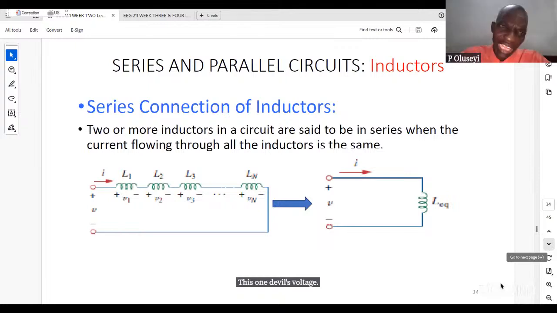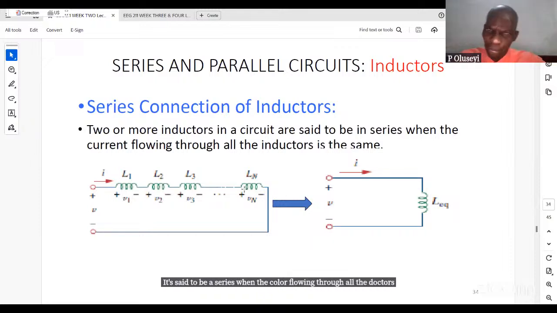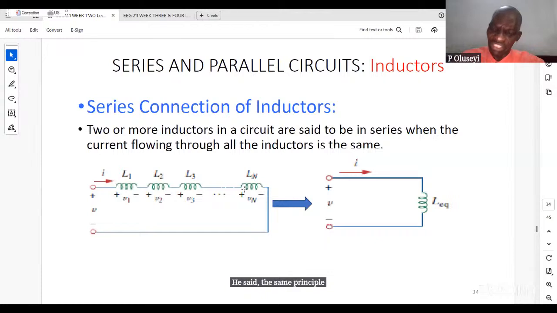So on account of that, when you have inductors in series, the way we have it here, two or more inductors in a circuit are said to be in series when the current flowing through all the inductors is the same. It is the same principle that we applied under resistance.